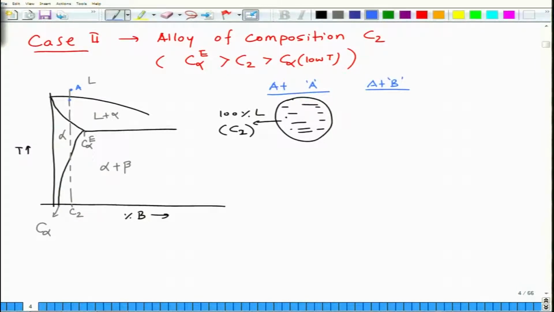Point B is just below the liquidus. So at point B, you will have liquid mostly with some solid forming. So these are chunks of small pieces of solid which could be regular in shape.